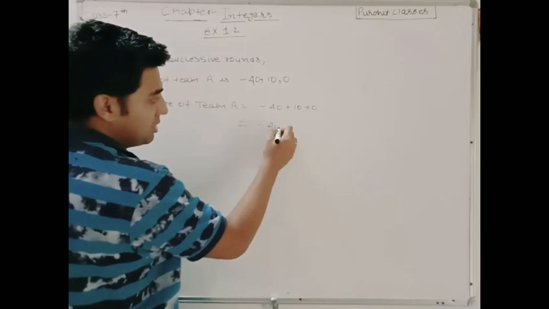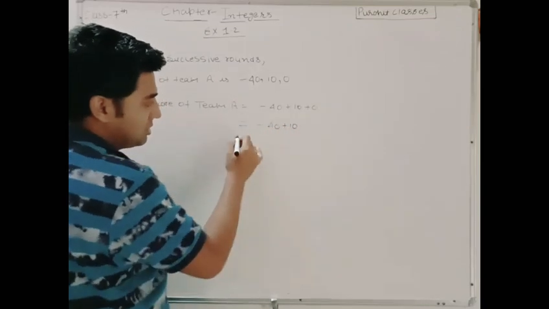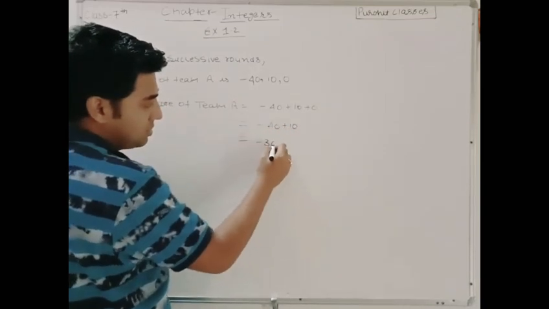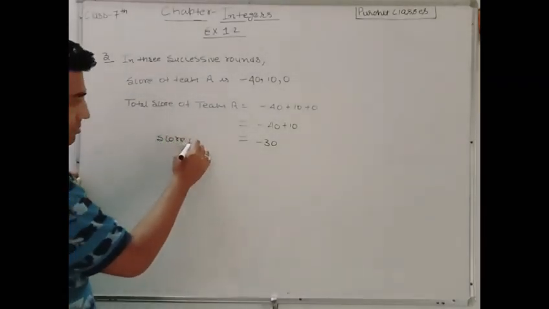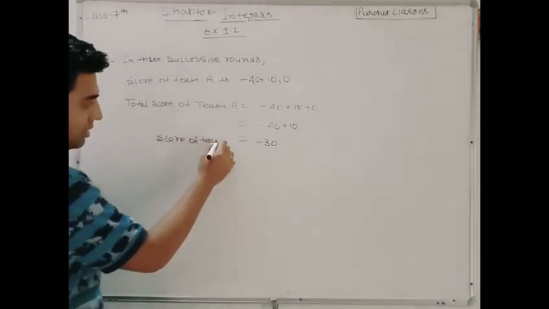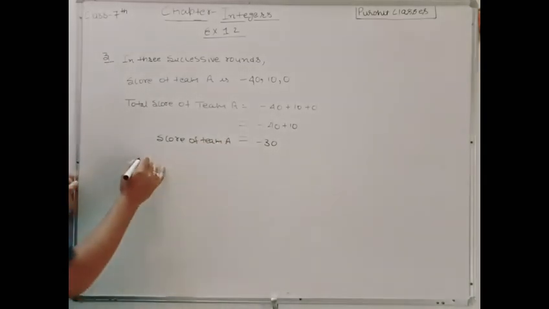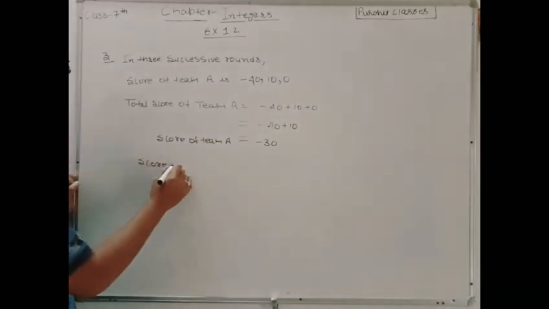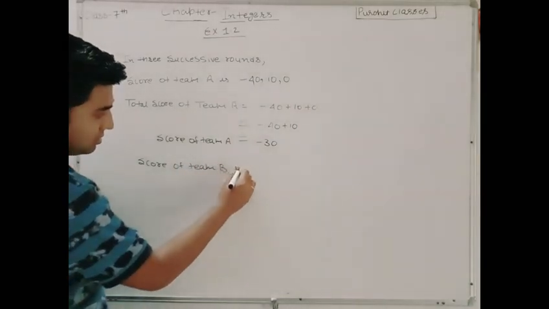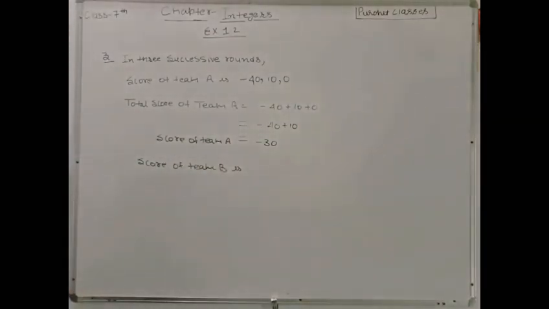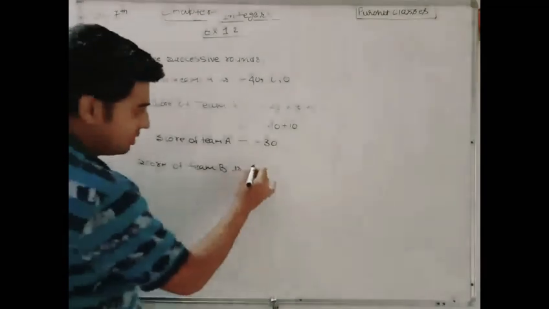This will be minus 40 plus 10, 0 means nothing. This will be minus 30. Understood? So this is the score of team A. Similarly, the score of team B, what is given? It is 10, 0, minus 40.